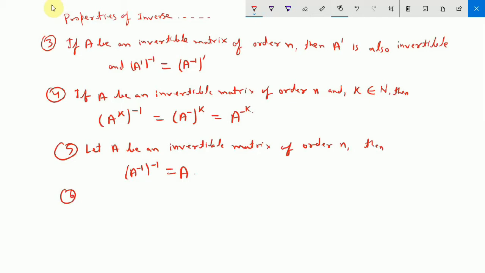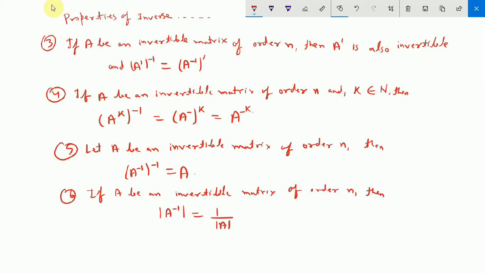If A is an invertible matrix of order n, then the determinant of A inverse will be equal to 1 by determinant of A. Okay friends, so determinant of A inverse will be equal to 1 by determinant of A.